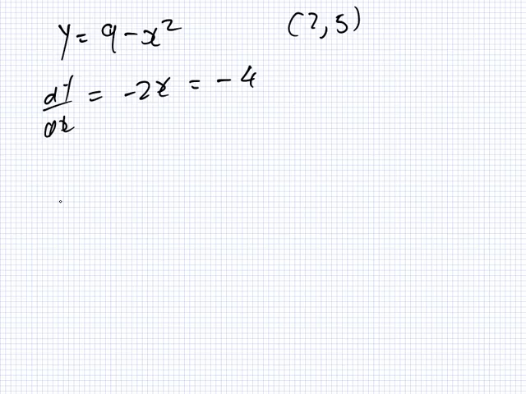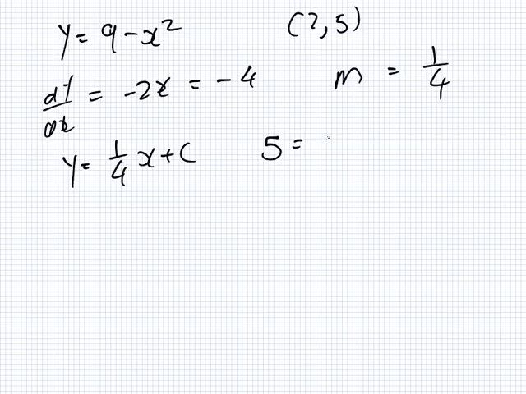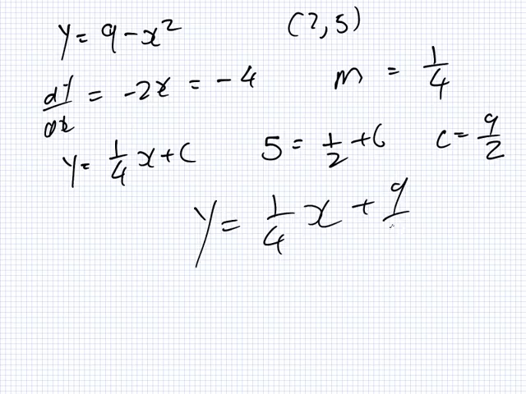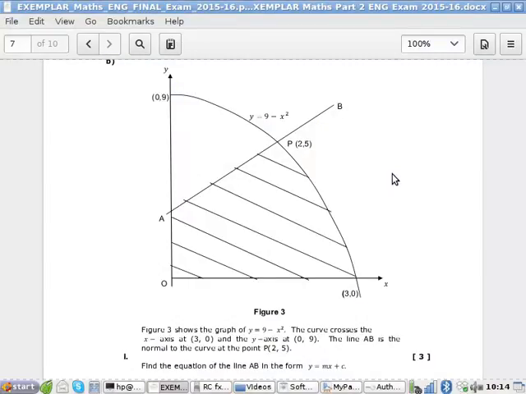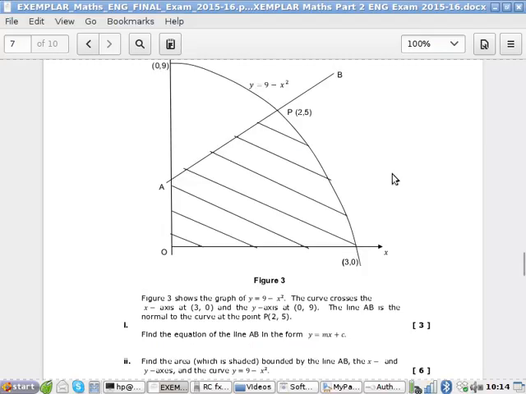So the m is 1 over 4. So you have y equals mx plus c. So 5 equals a half plus c. Yeah. So c equals 9 over 2. 4.5. Yeah. So this should be your answer. Yes. Okay, great. Next part is now to find the area.